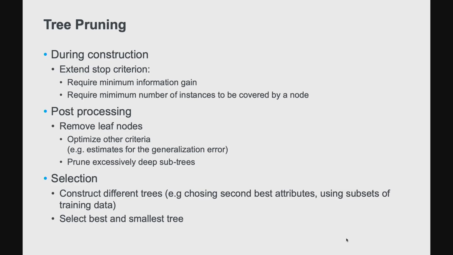This need not be the optimal attribute in the long run. In the short run, considering just one step, it's the best attribute, but when we consider all possible configurations, it could be a suboptimal choice. So we could try to come up with alternative selections and then construct a tree based on these alternative selections.